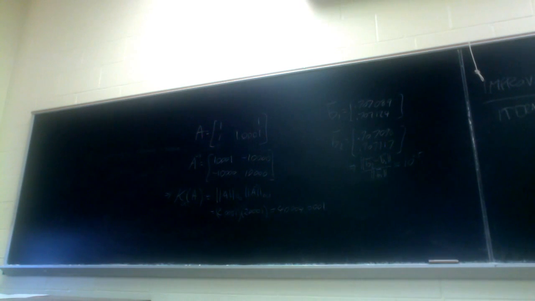Okay. All right, so you think, okay, I can solve the system AX equals B1 and AX equals B2, and you would think that since B1 and B2 are so close together, so would X1 and X2.